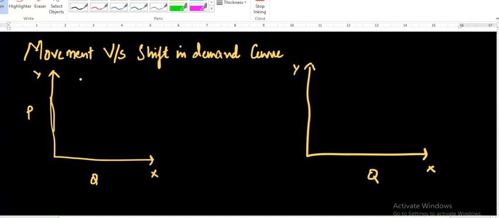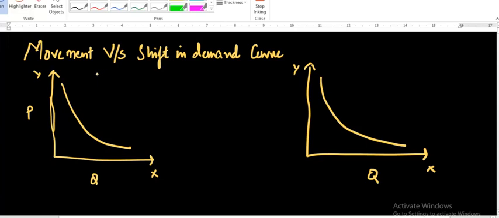Now, suppose I have a demand curve like this. This shows the inverse relationship between the price and the demand. Now, what does a movement mean?